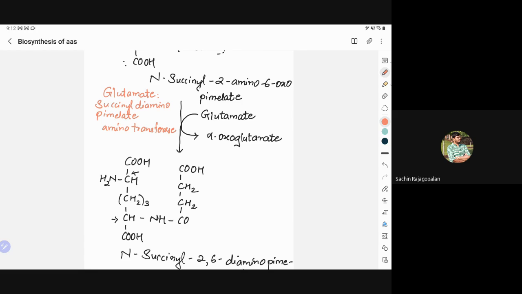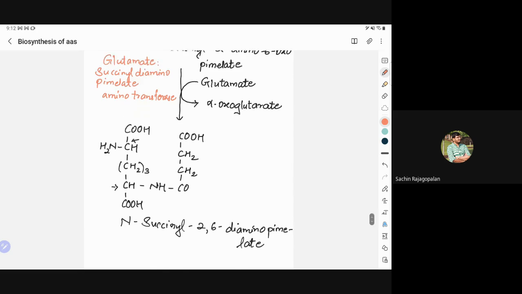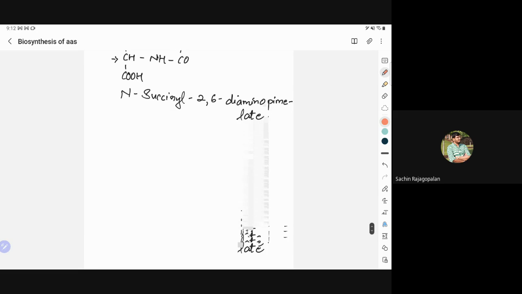It's a highly specific aminotransferase which will work only for this reaction and will not carry out an aminotransferase catalyzed reaction for any other substrate. Now we are very close to getting our product, though there are a few reactions to go. So let us see what happens next.